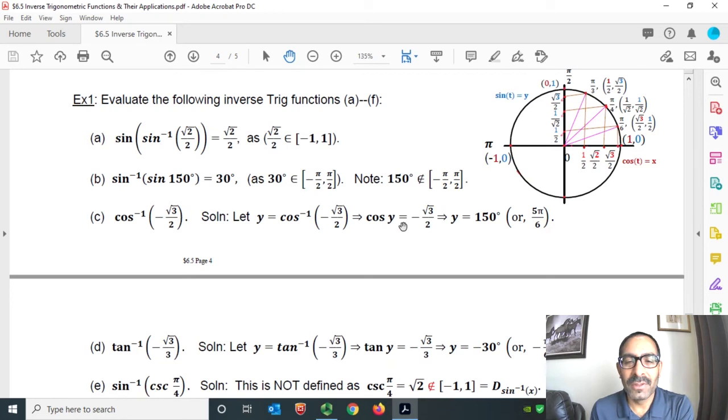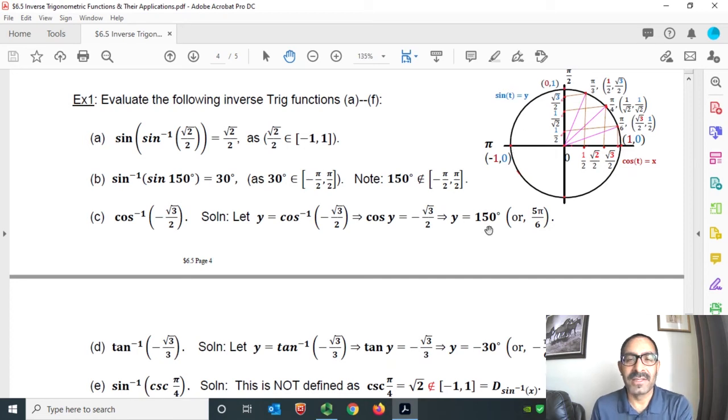Then we know the range of the cosine inverse function is 0 to pi, and at 150 degrees, cosine gives us minus radical 3 over 2. So y equals 150 degrees, and this 150 degrees lies in the range of cosine inverse. The range of cosine inverse is 0 to pi.